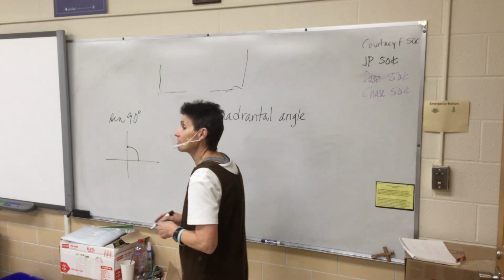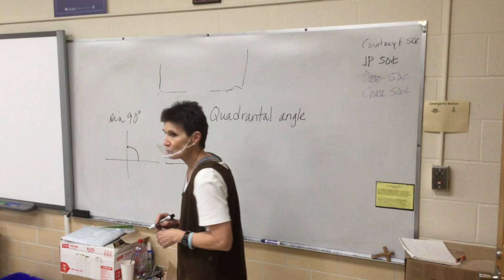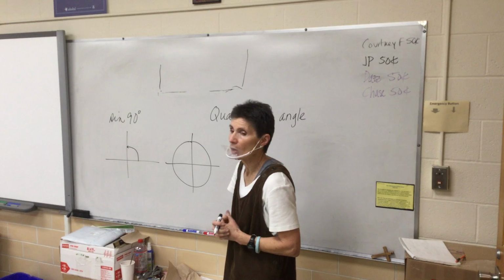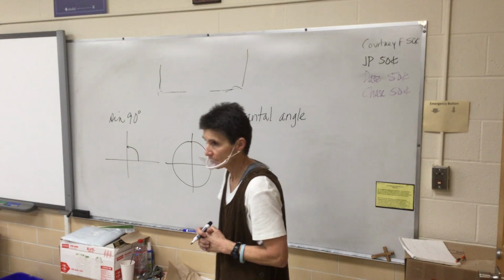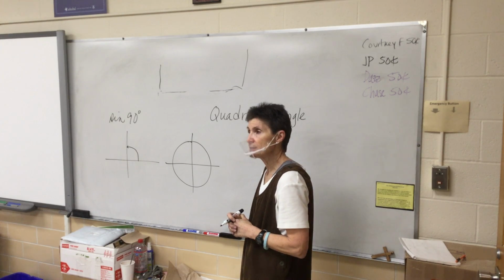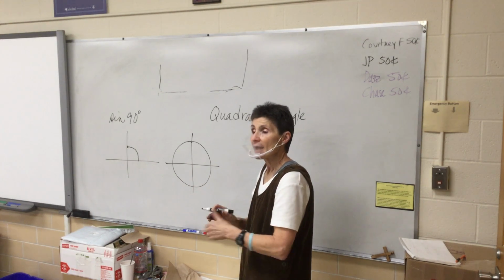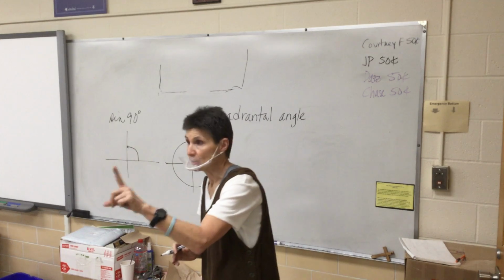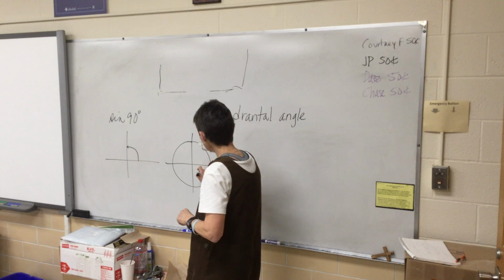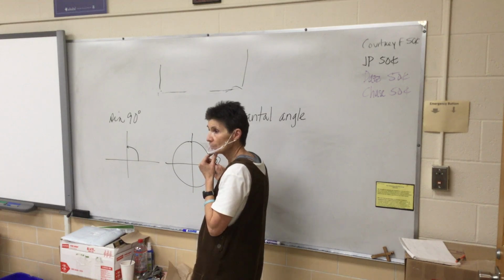So what we do with the quadrantal angles is, instead of drawing a triangle, we draw our unit circle. What it means to be a unit circle is that your center is at the origin, of course, that's where everything begins, and the radius is 1 unit. So I automatically know that the radius is 1, which means that this is the point 1, 0.